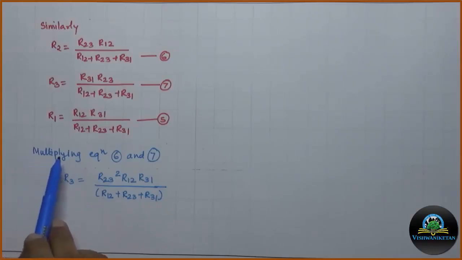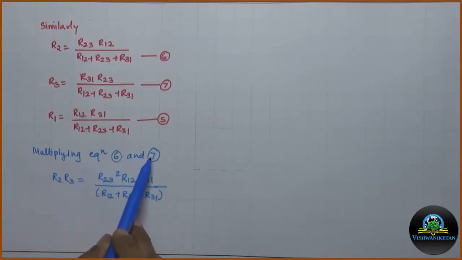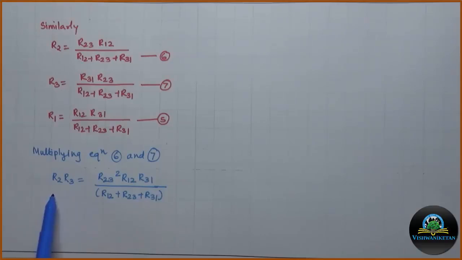Now multiplying equation number 6 and equation number 7, we will get this equation.